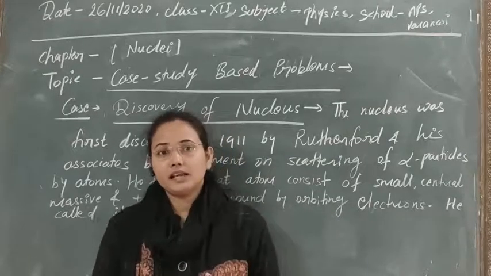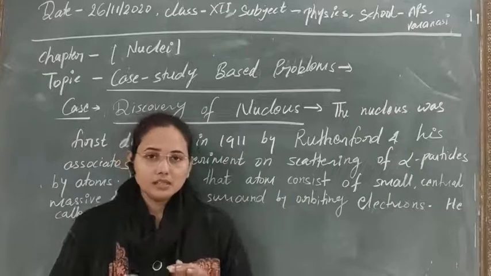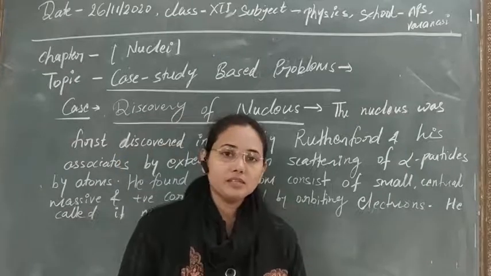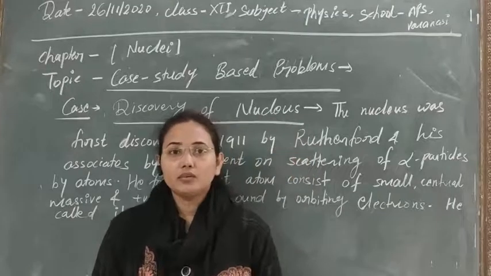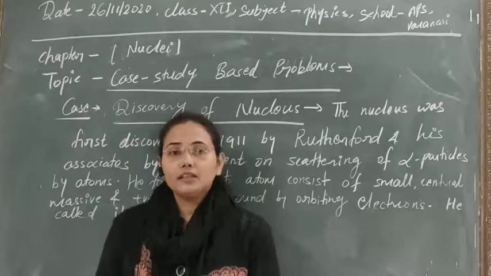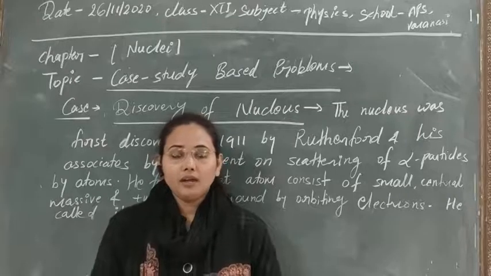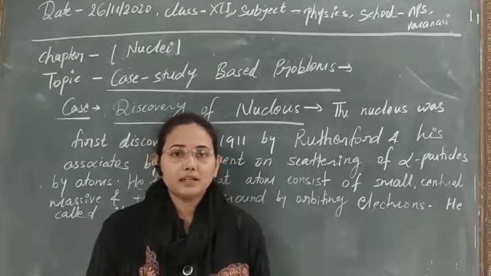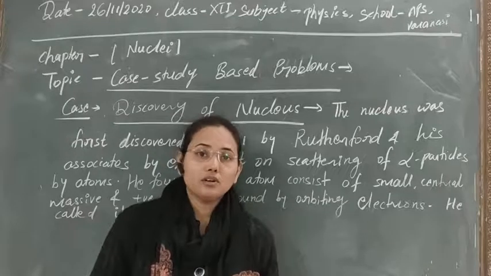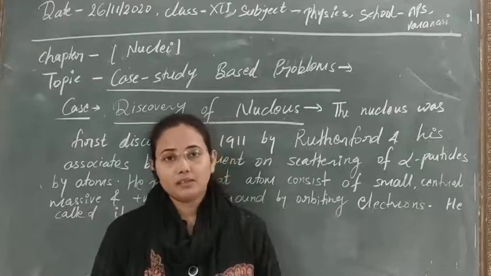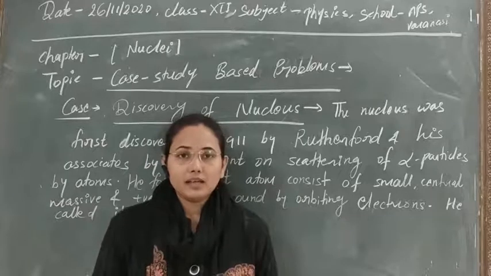The first option is that it is constant. The second option is that it is less for lighter nuclei and increases with the mass number, or that it is directly or inversely proportional to the mass number. So what is the answer?